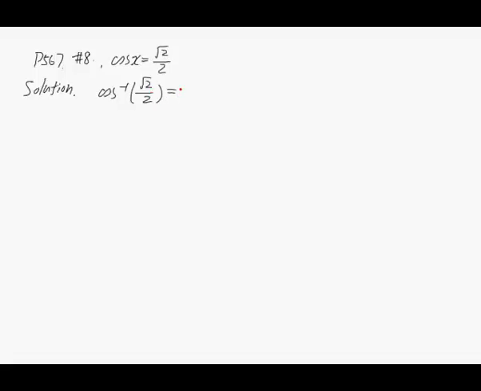Pi over 4, right? Pi over 4. And then, after you find this specific solution, you can find another specific solution between 0 and 2 pi. Let me show you on the unit circle.